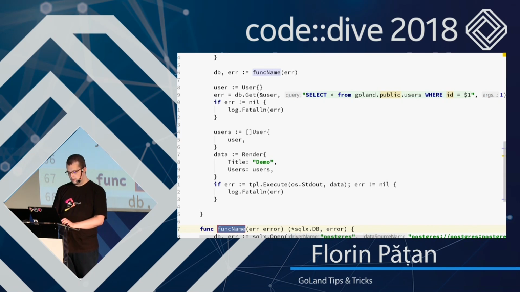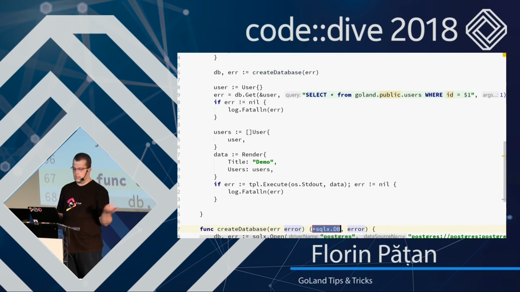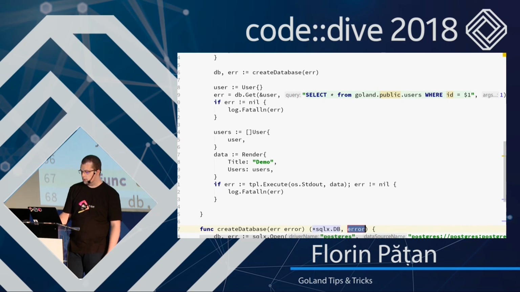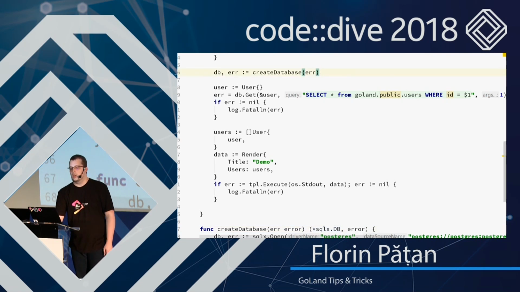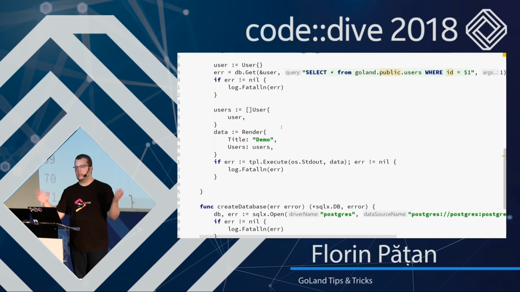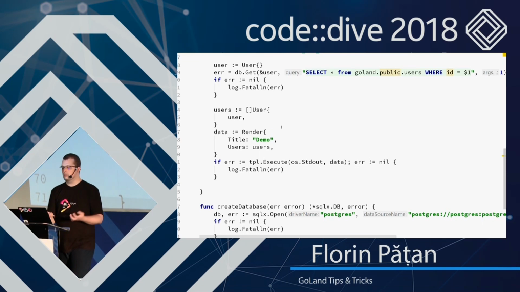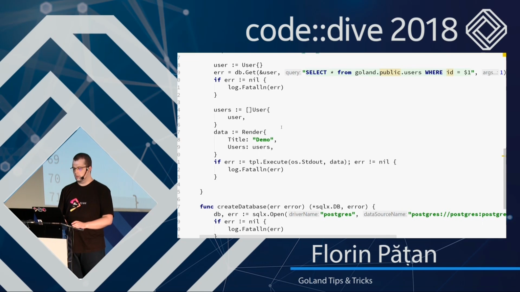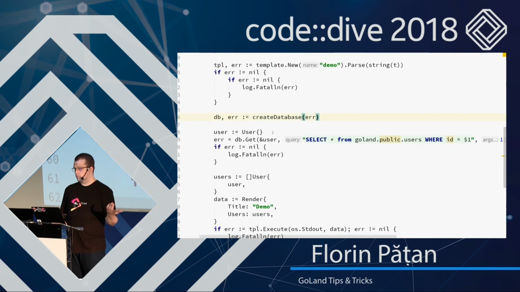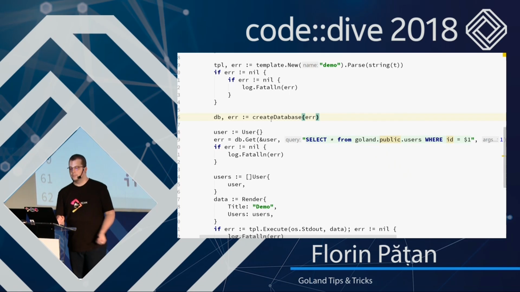So I have create database here. And I can choose the parameter types and so on and so forth. So if you want to quickly refactor code, you now have a few options to help you quickly refactor it and not have to do too much work. And as you can see, I also have the usage place updated as well.